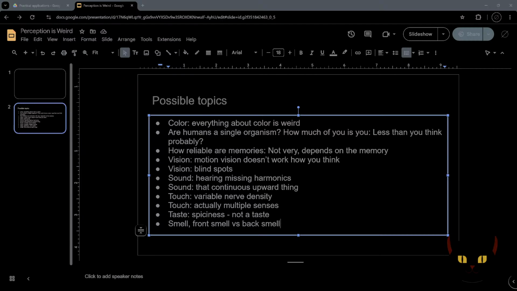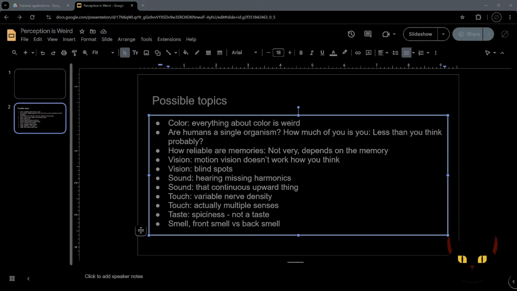So, you probably know that your nose is connected to your throat, right? Because you can breathe out of both your mouth and your nose. If you take a smell in through your nose, it smells one way.